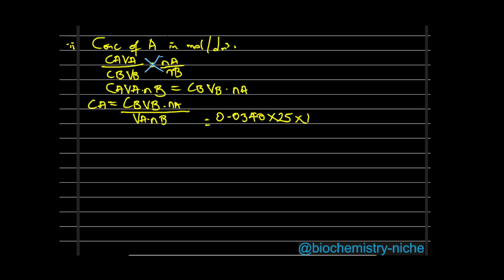That gives us the number of moles of acid, all divided by the volume of acid that is used. Here we accept that the volume of acid used is 21.40, times 1. When we multiply 0.0340 times 25 times 1, we have 0.85 divided by 21.4.